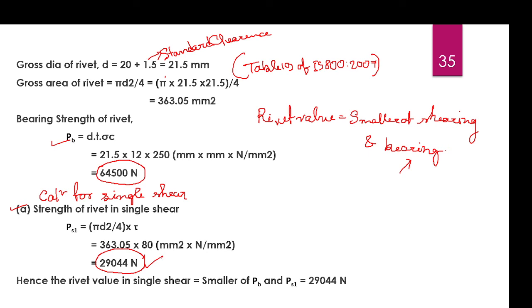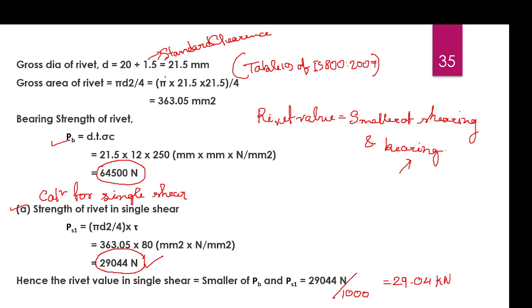Hence the rivet value in single shear equals smaller of PB and P suffix S1, and we can clearly see that the smaller value is 29,044 Newton. So rivet value will be 29,044 Newton.